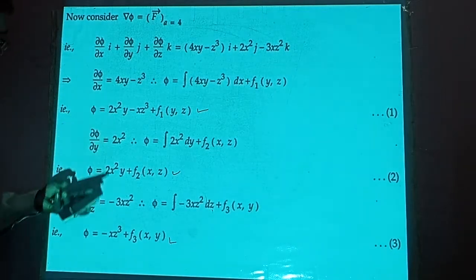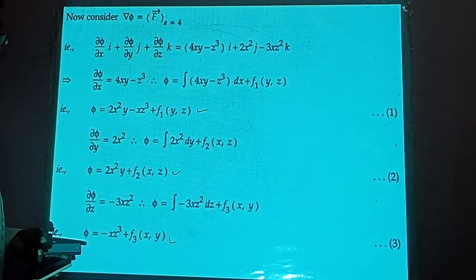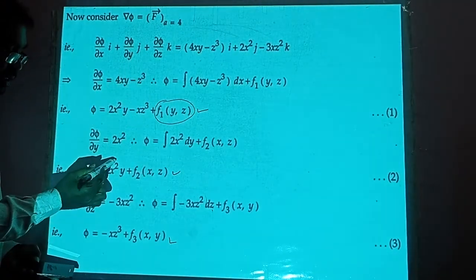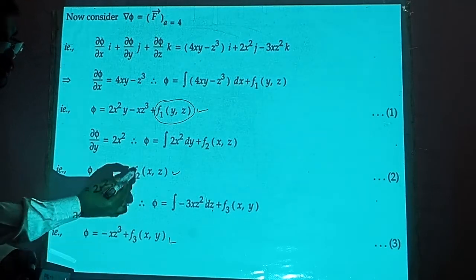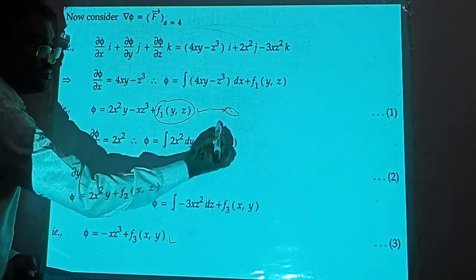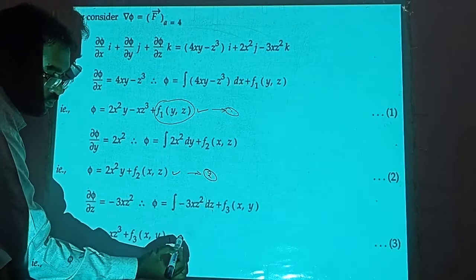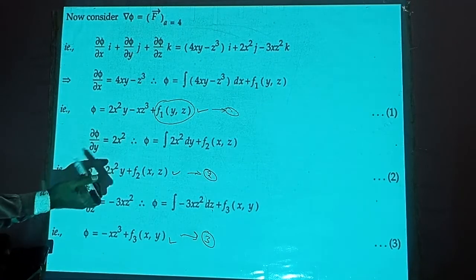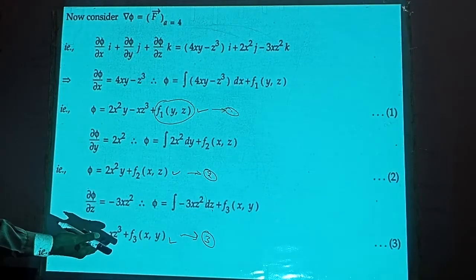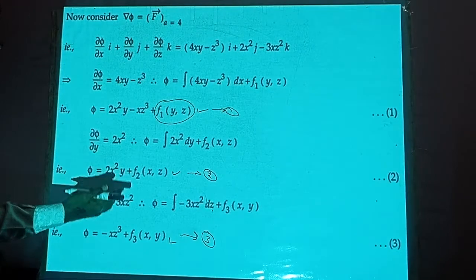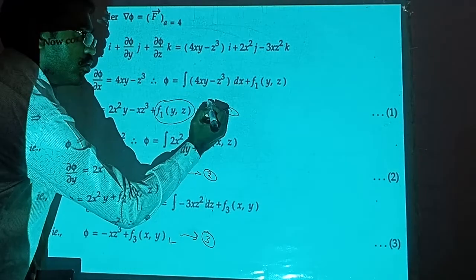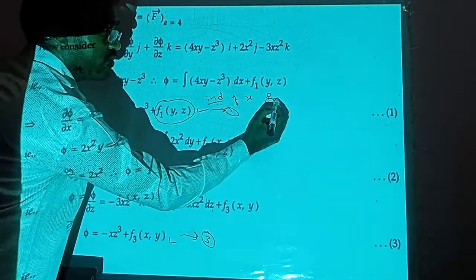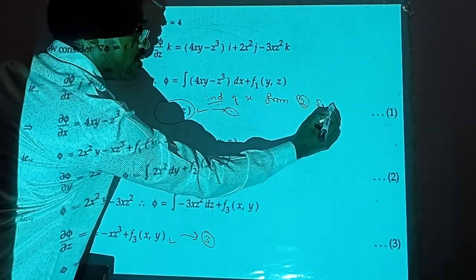We need to make these three phi's unique. How do we make this? To choose this, we look at the terms in the other two equations, 1, 2, 3. To select f1, we need to select terms independent of x from 2 and 3.